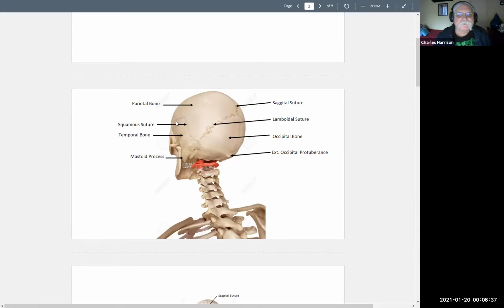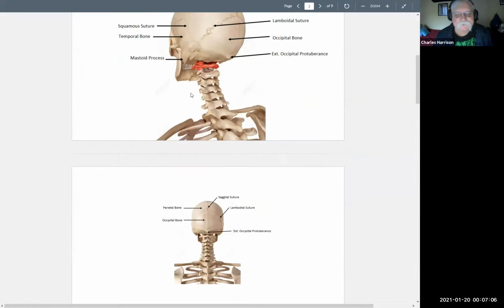There's one other suture that I showed you, but I can't show you on this skull. I'm sure I can on another one, and that's the coronal suture. Okay, so four sutures: sagittal, lambdoidal, squamosal, and the parietal. Sorry, not parietal. The coronal suture runs along the front.